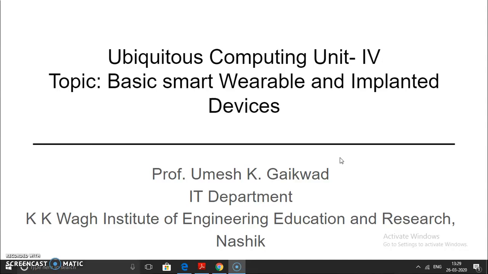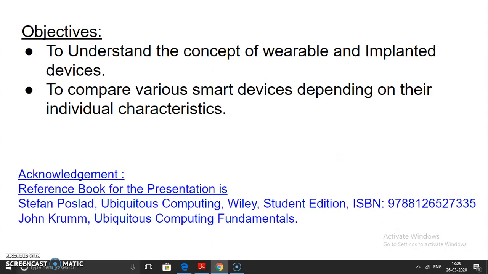Now in today's session, we will check the next part of unit number 4 and our today's topic is Basic Smart Wearable and Implanted Devices. Before starting our discussion, we will check the objectives of the session.